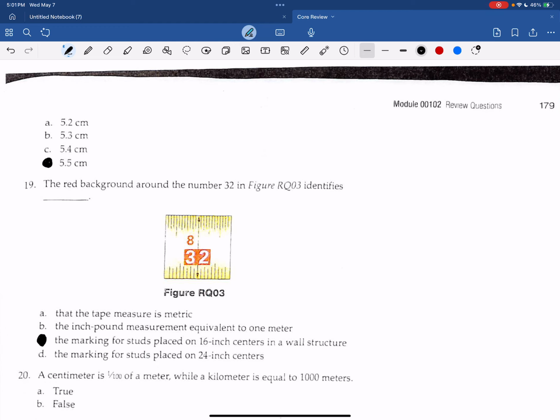I just know that he told me it's the marking for studs placed on 16-inch centers in a wall structure. So for the explanation on this, I'm going to refer you to someone who knows more than I. Ask your instructor. He or she can explain to you why this is C as in Charlie.